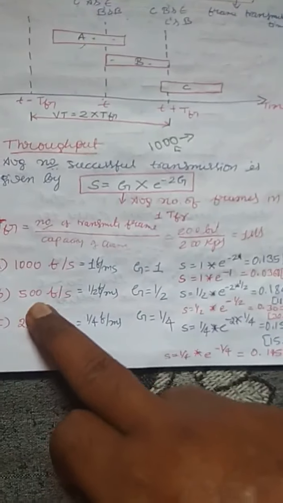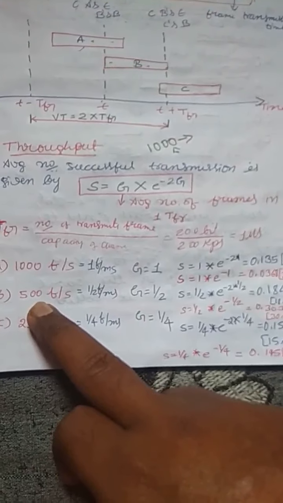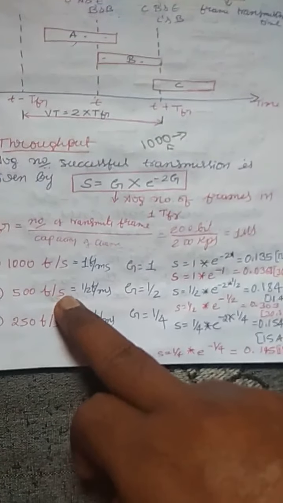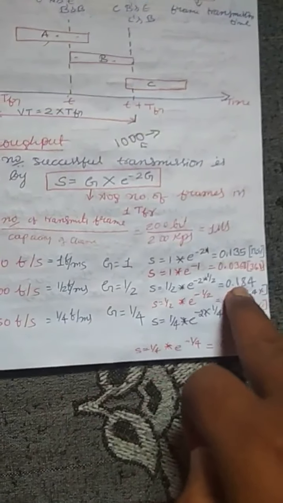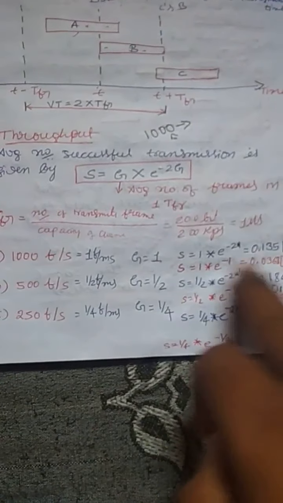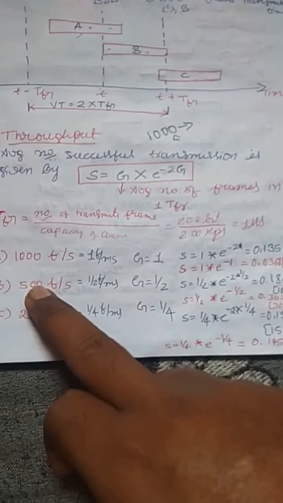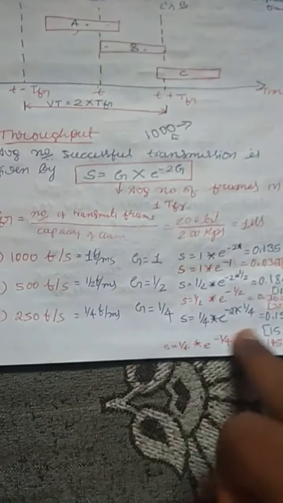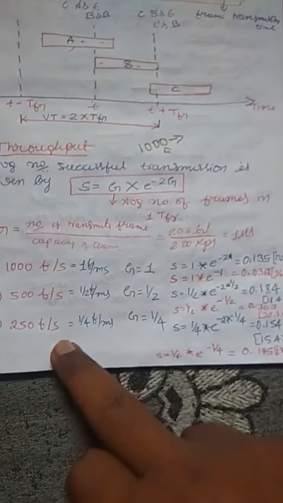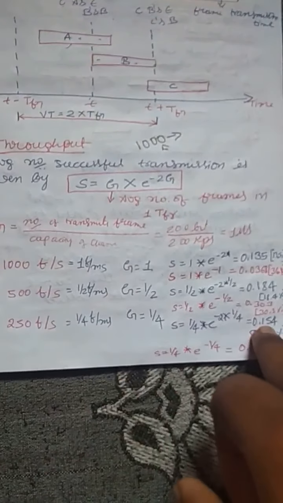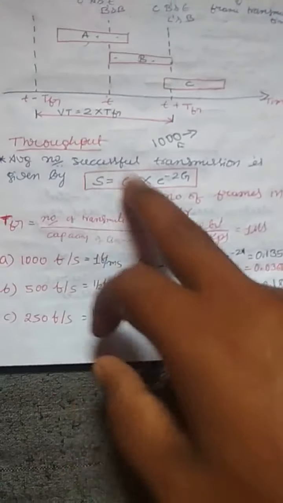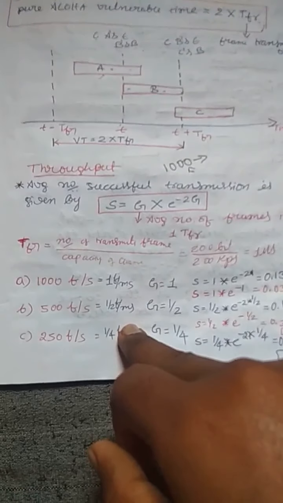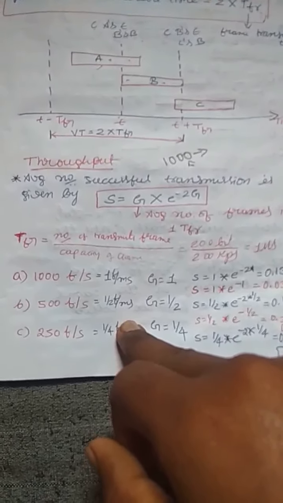Next, when we try to send 500 frames, the percentage of frames that will be successful is 18.4 percent. For 250, only 15.4 percent of frames will be successful. This is the throughput of pure Aloha.